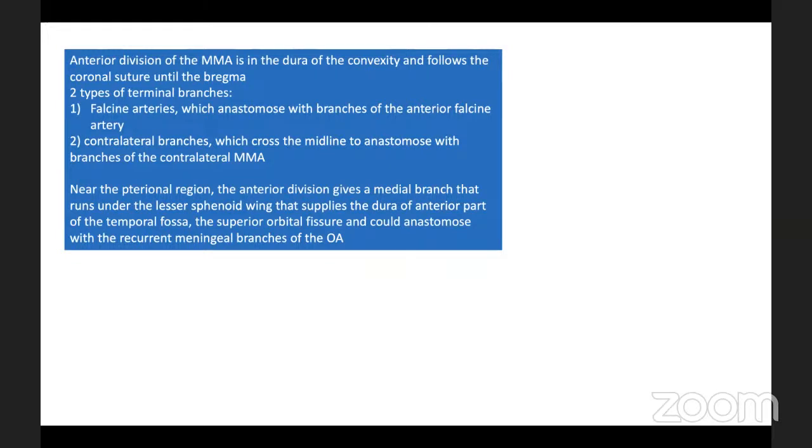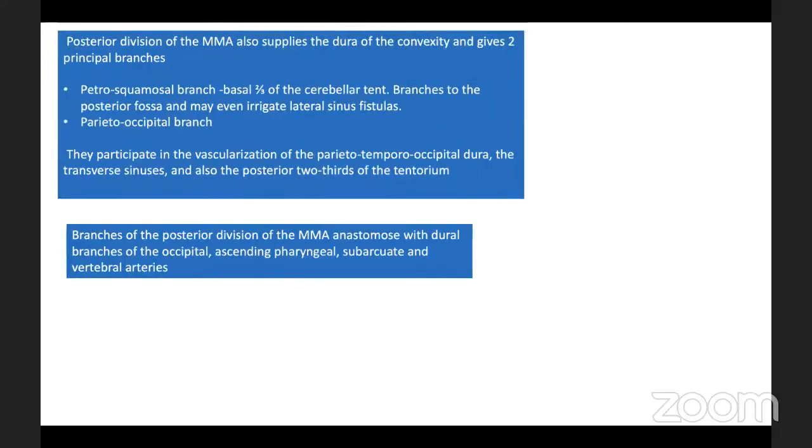So the anterior division, also near the terional region, gives a medial branch that runs and supplies the anterior part of the temporal fossa, the superior orbital fissure, and also it has anastomosis with the ophthalmic artery via the recurrent meningeal branches. We'll see the picture at the end. So this was the anterior branches. The posterior division supplies the major dura and it gives two important branches.